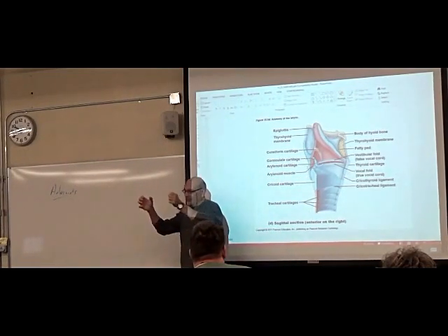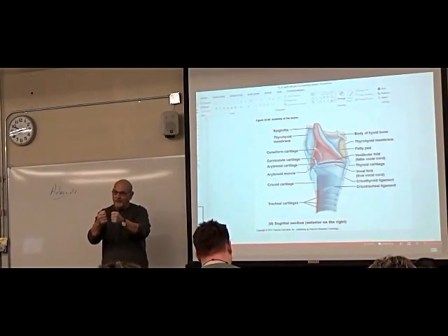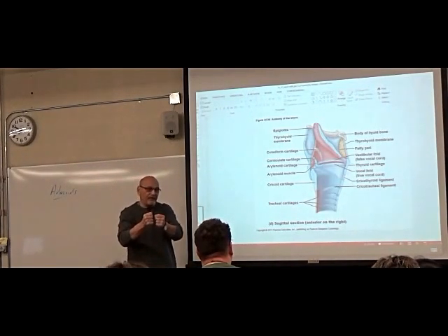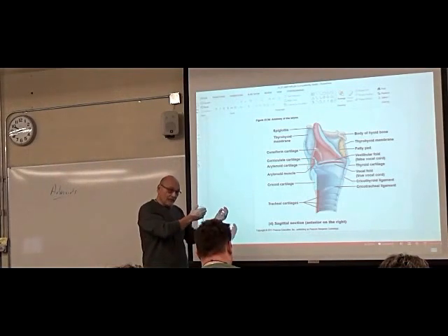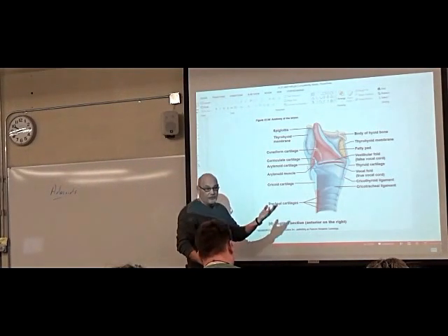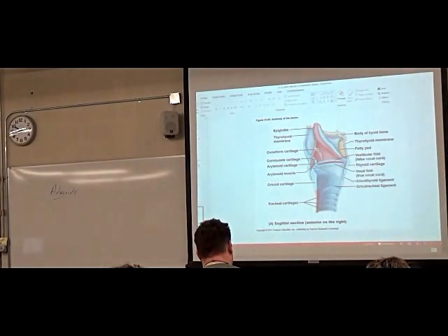Well, this muscle actually will pivot this cartilage, and this is what controls your vocal cords: the opening, closing, tightening, loosening. So it actually controls your ability to talk. And the nerve that would run in here would be called the recurrent laryngeal nerve, which comes from a branch off the vagus. So the vagus is very important.